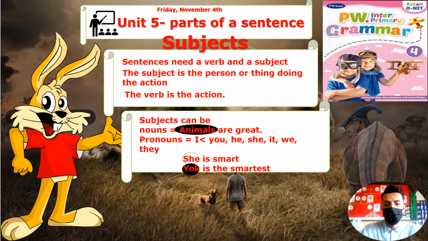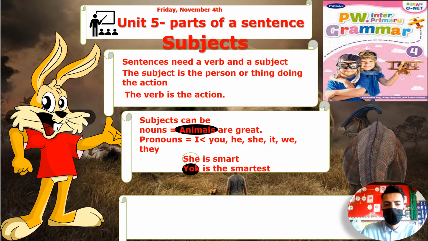Now, animals also is the subject of the sentence. Animals are great. Now let's take a look at these examples. We study. Where is the subject in this sentence? We. A subject pronoun. Anthony loves dogs.